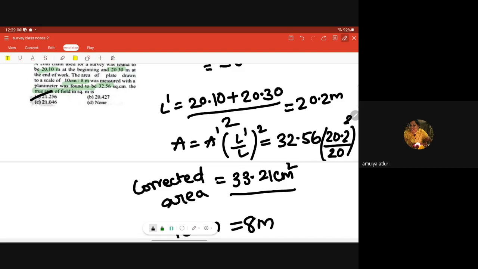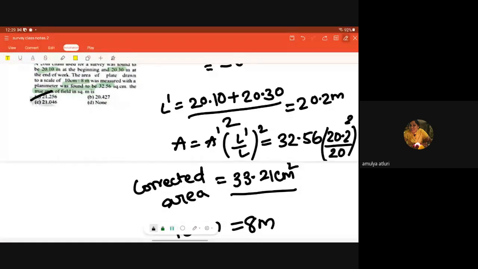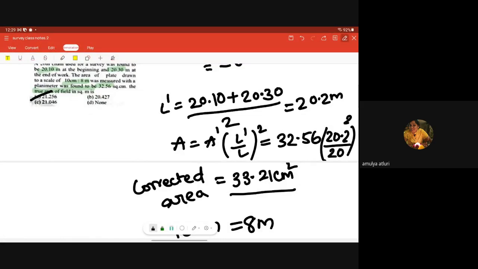So the first one is your answer, 21.256. I think you got it. How do we measure the L dash? It is like cumulative error, right? We need to take the average of the error at the end and at the beginning.